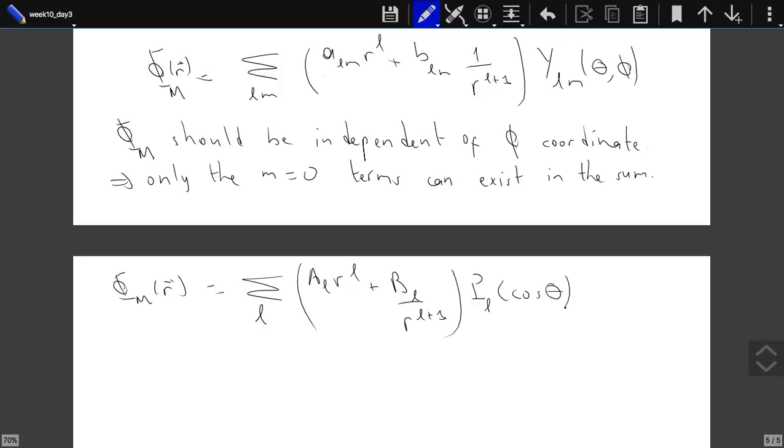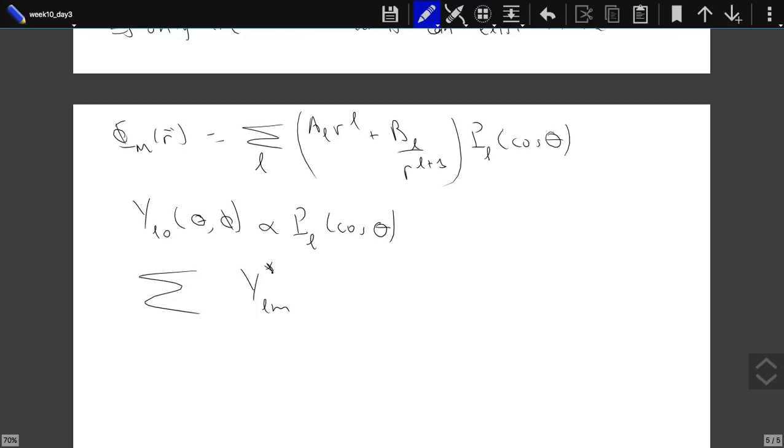Those proportionality constants, I just multiplied with the small a's and b's to obtain the capital A's and B's. I remember Y_L0, the sum over all m for a single value of L gives the Legendre polynomial.